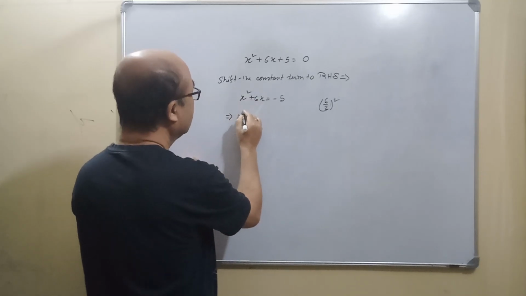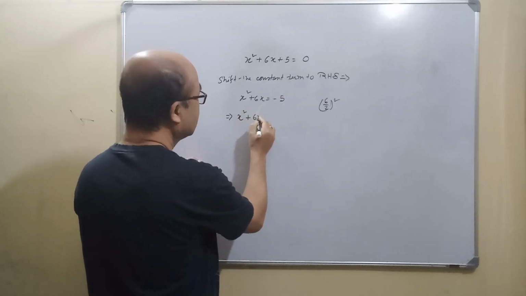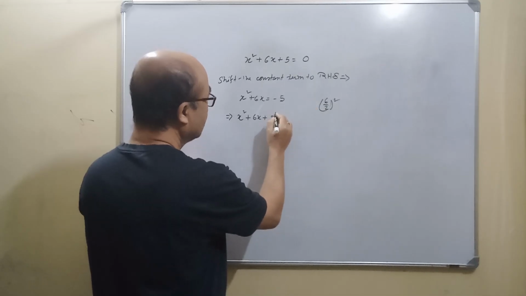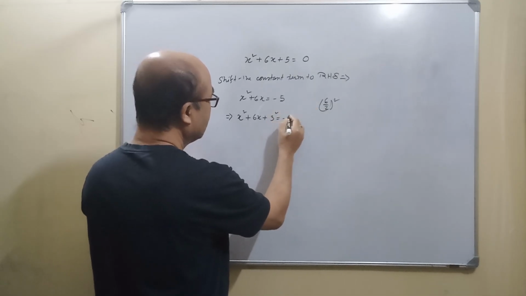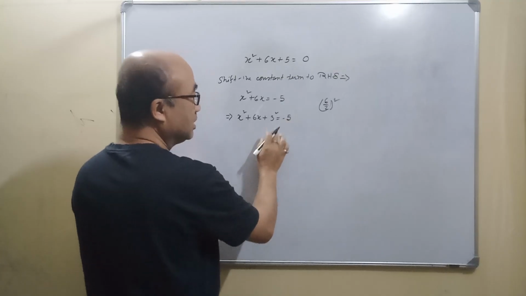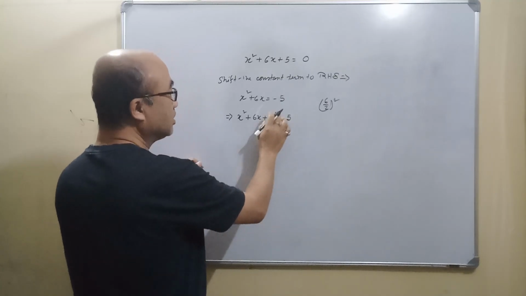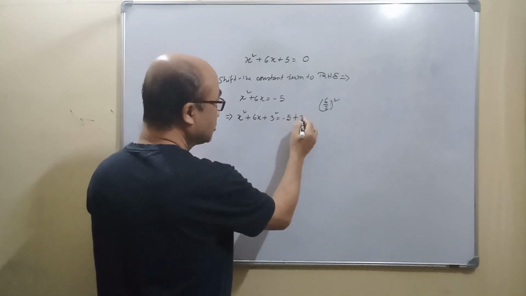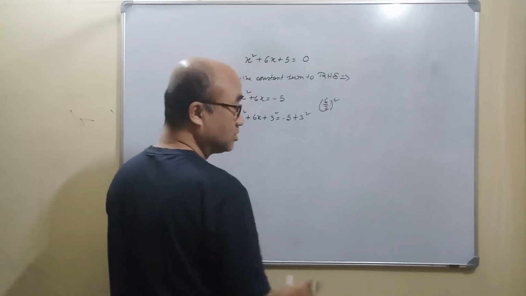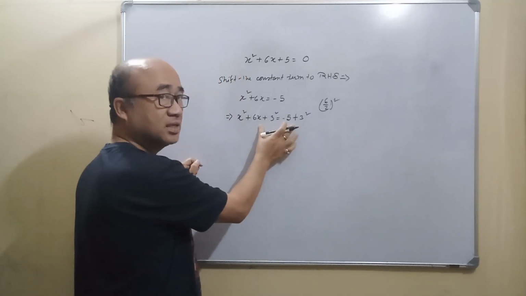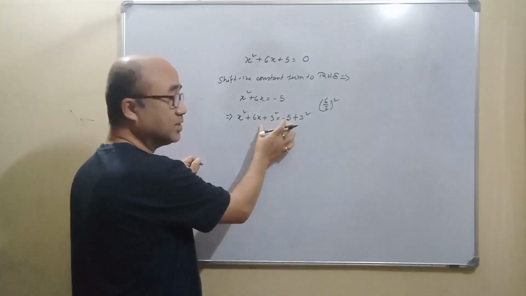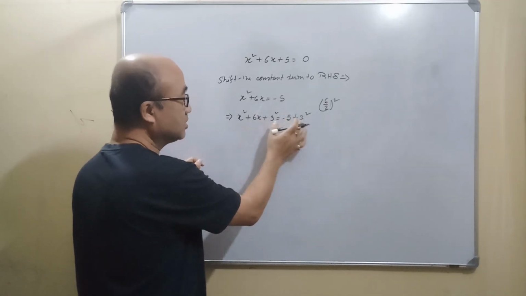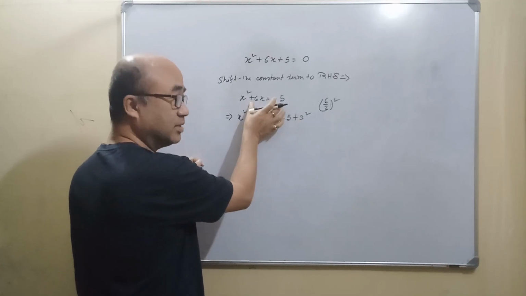So let us do that. x square plus 6x plus, 6 divided by 2 is 3, so 3 square, is equal to minus 5. Now, since I have added 3 square on the left hand side, I have to add 3 square on the right hand side also, so that the equation remains the same. I have not changed the equation because both sides are the same. The 3 squares cancel and it remains the same equation.